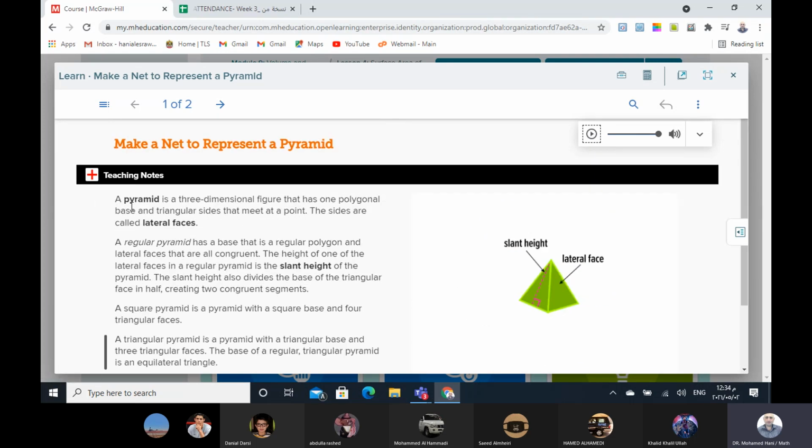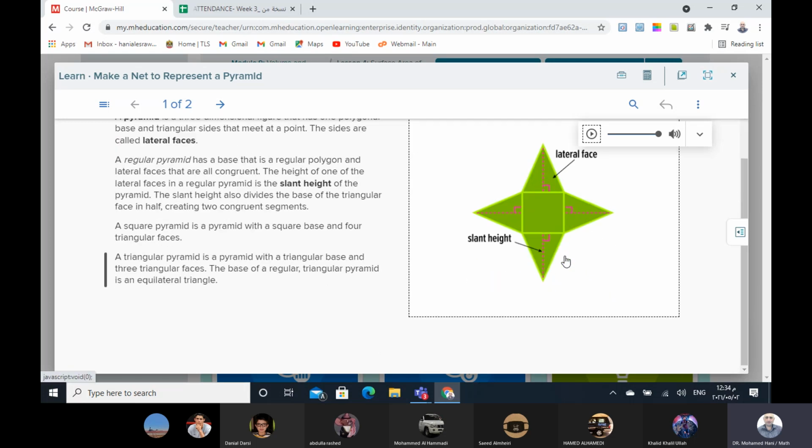So a pyramid is a three-dimensional figure that has one polygonal base and triangular sides that meet at a point. The sides are called lateral faces. As you see, this is the pyramid.